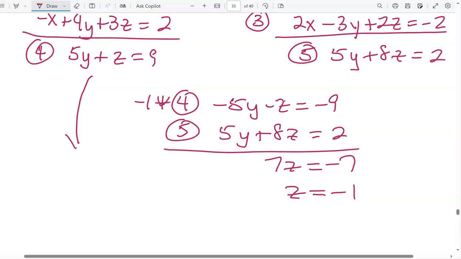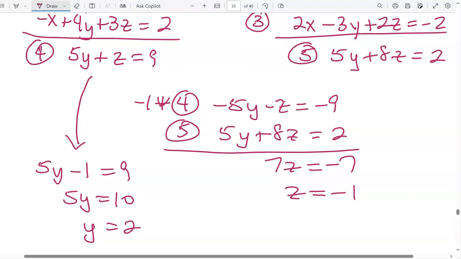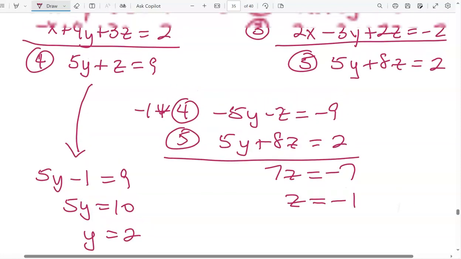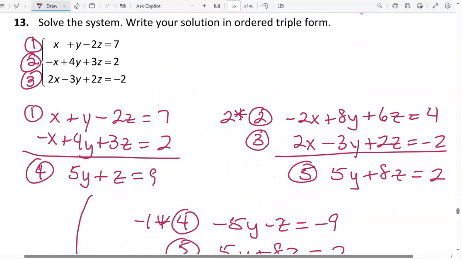Now let's take equation number 4 and replace the z with negative 1. That gives us 5y is equal to 10, or y is 2. And now we can replace y and z with those values in one of the first equations.